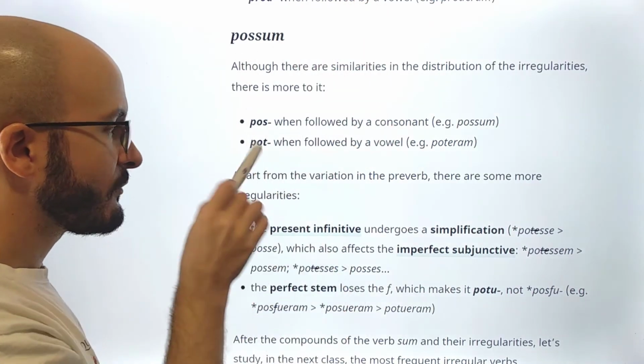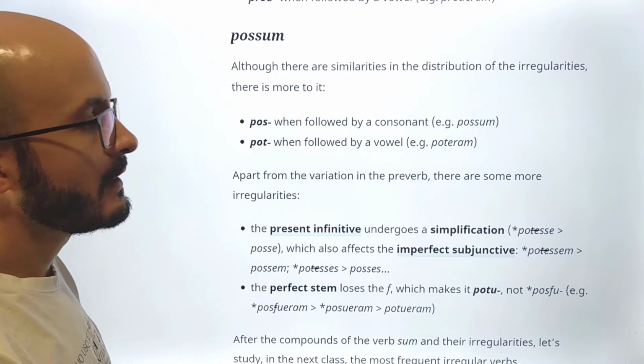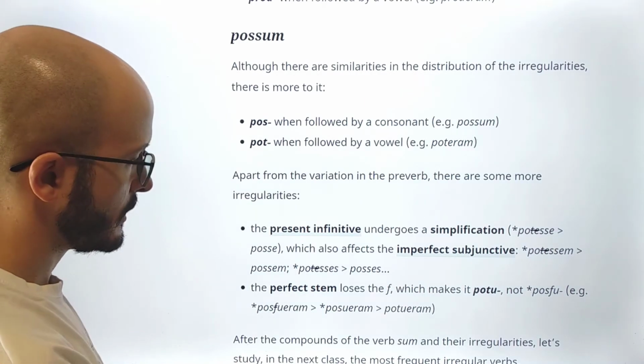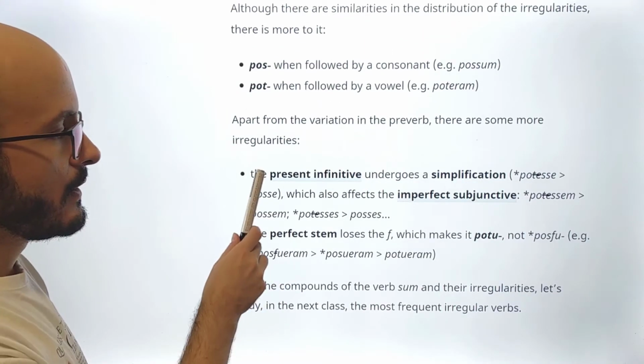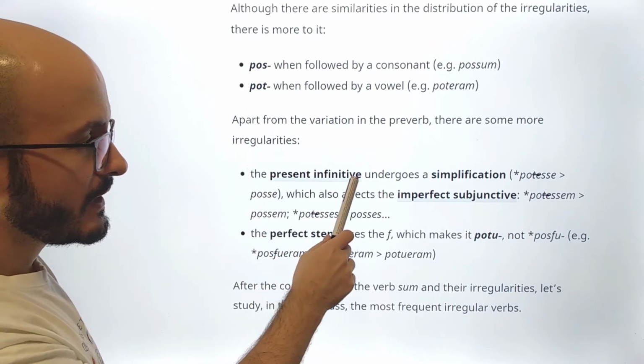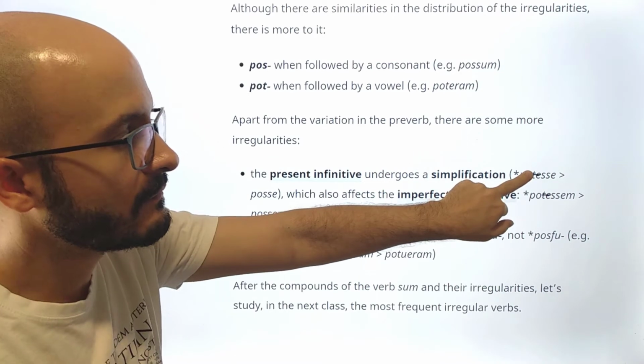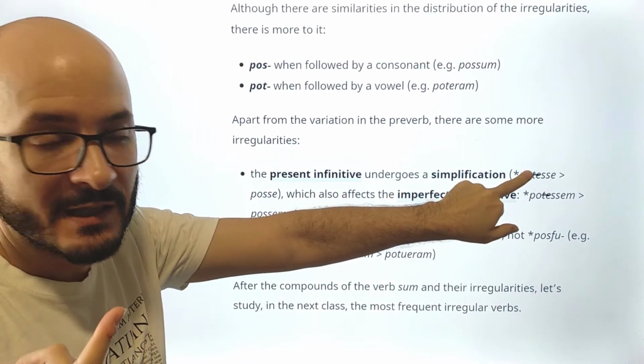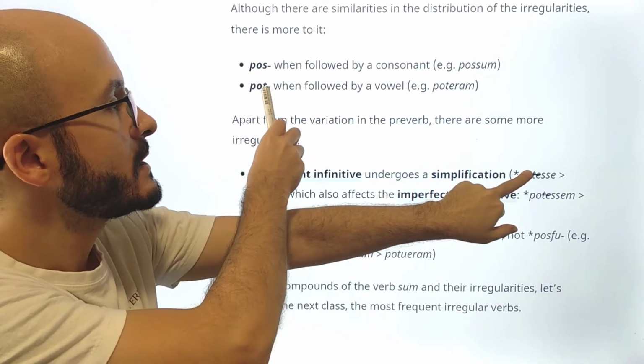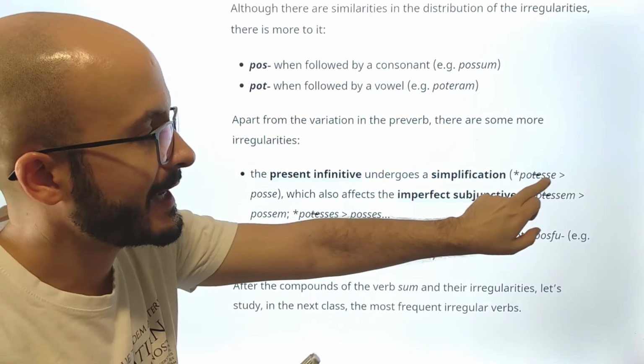Now, apart from the variation in the preverb, there are some more irregularities which we also have to learn. First, the present infinitive undergoes a simplification. The infinitive of the verb sum would be esse. And then, according to this, it would be potesse.